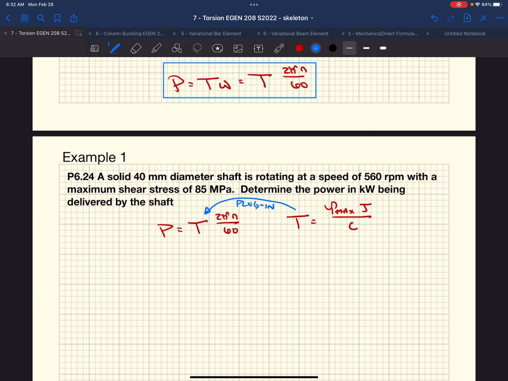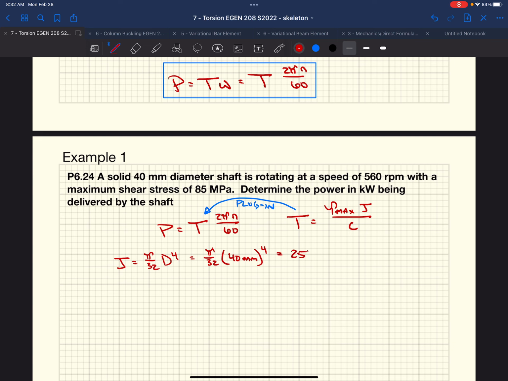Well, out of that torque equation, we need tau, J, and c. The polar moment of inertia, if we know the diameter, is pi over 32 of a solid shaft, the diameter to the 4th, or pi over 32 times 40 millimeters to the 4th. What does that get us?